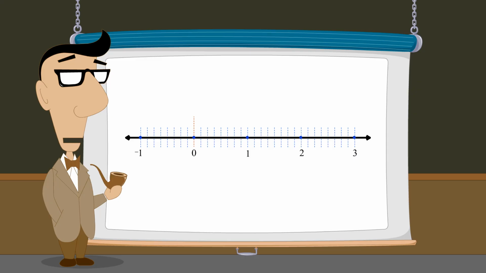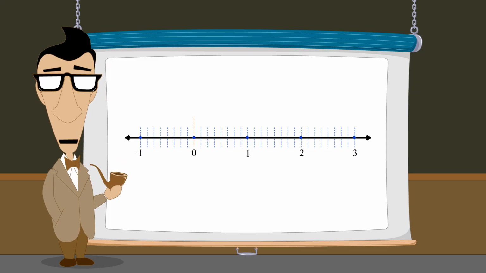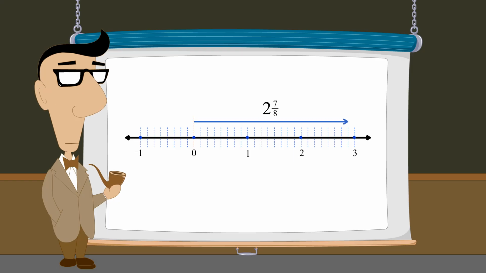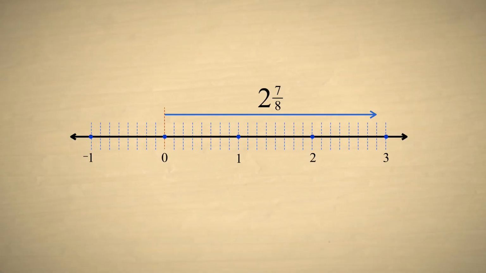Converting a mixed number to an improper fraction is easy. For instance, let's say we wish to convert the mixed number 2 7/8 back into an improper fraction. We first need to know how many eighths the integer 2 represents. Since there are 8 divisions in each unit length, we simply multiply 2 times 8.